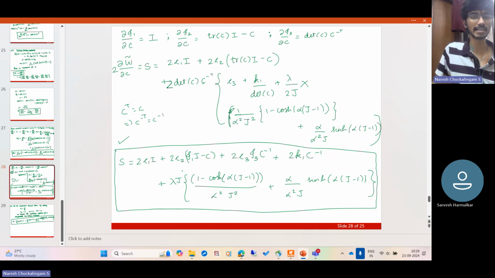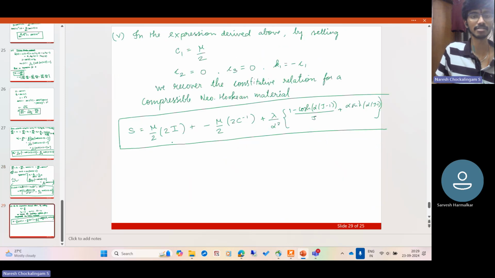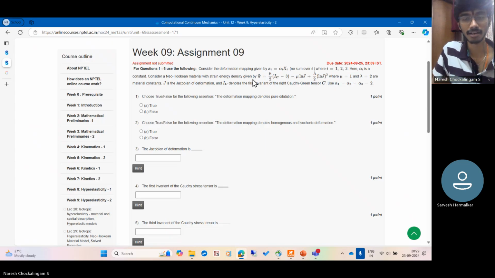By making those simplifications, we got another expression, which is a compressible neo-Hookean material. But this is different from the one given in the assignment. So I can solve it, right? I am not supposed to do the same questions, but I can do a different question from the assignment.